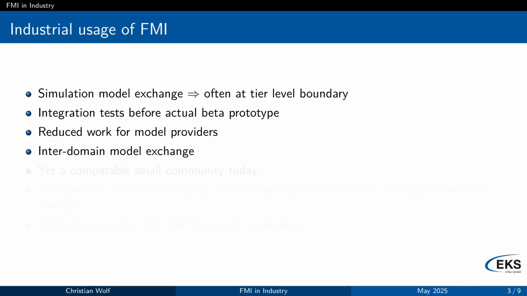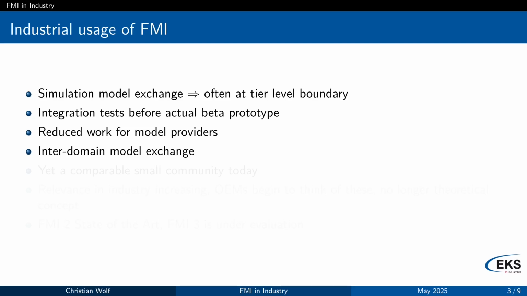Classically, the simulation models are exchanged on tier level. So you have the different depth of vendors that are together building a production chain, and typically you get your models from the vendor you buy your components from, and before you integrate them you do some actual prototype testing to test if this would work.